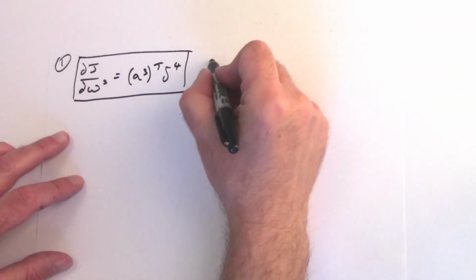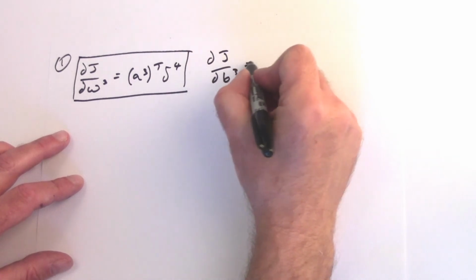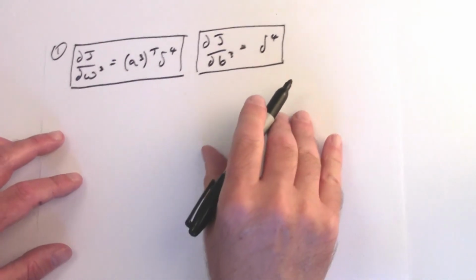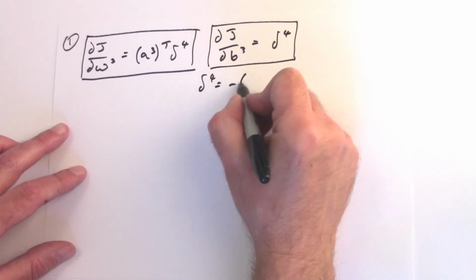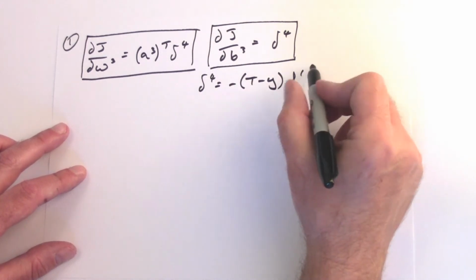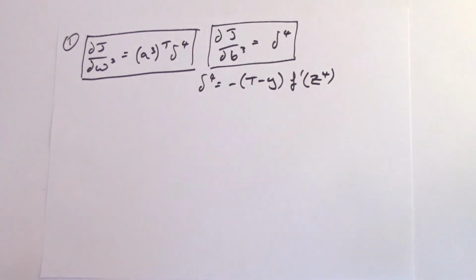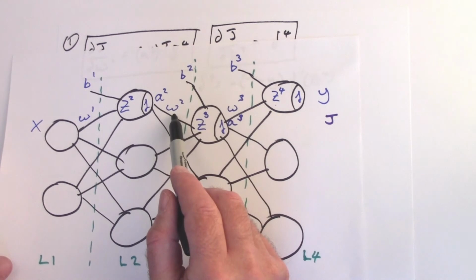And dJ by db3 equals del 4, where del 4 equals minus (t minus y) times the differential of our activation function. So that's where we are at the moment, and the next stage is to go one step further back, and find out the effect of W2 on that cost function.